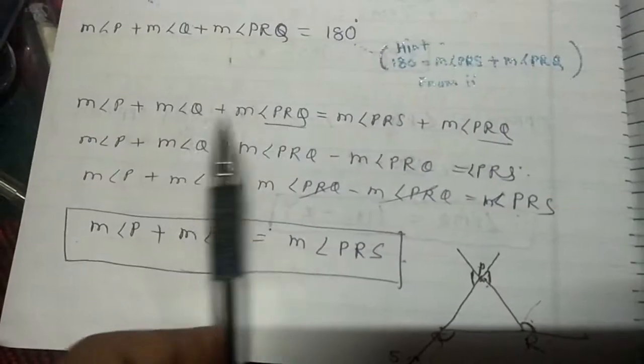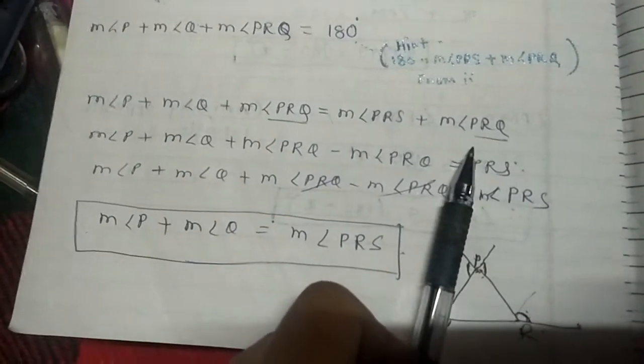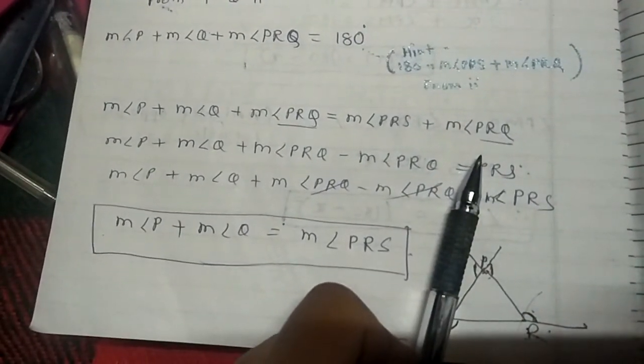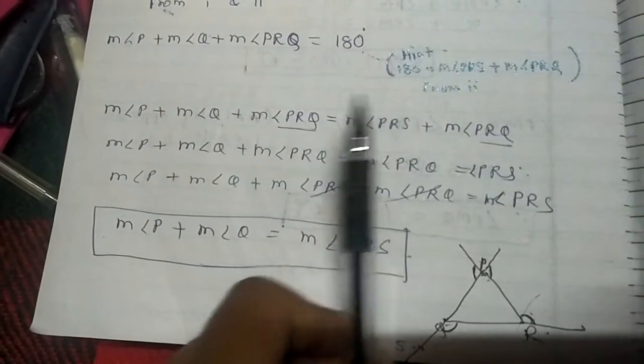Now see what happened here. When we write this, this PRQ angle and this PRQ angle are the same. When PRQ is shifted to this side, plus becomes minus.